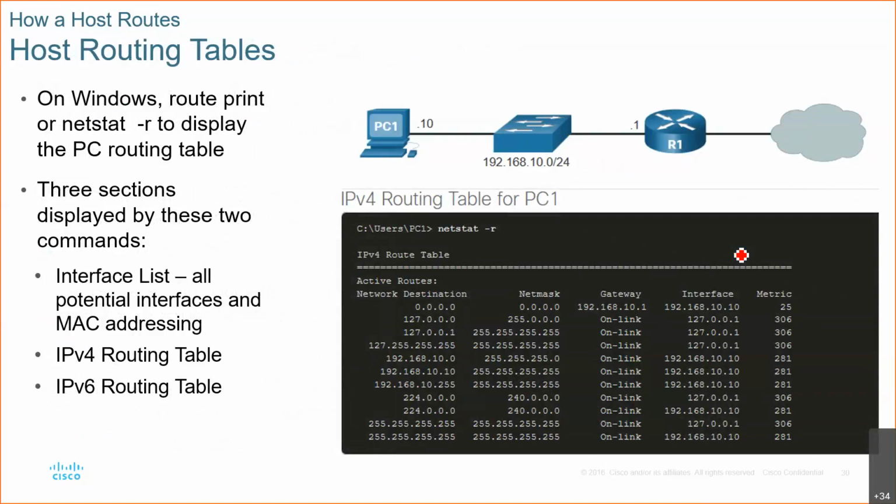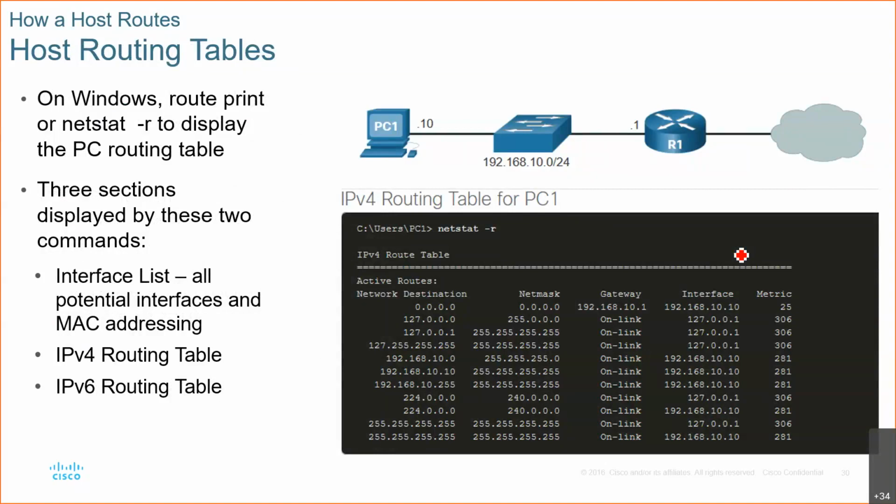You can actually find out in Windows itself what the route to your default gateway is. For example, all of you are connected to the internet. If you're listening to this class, you're all connected to the internet.